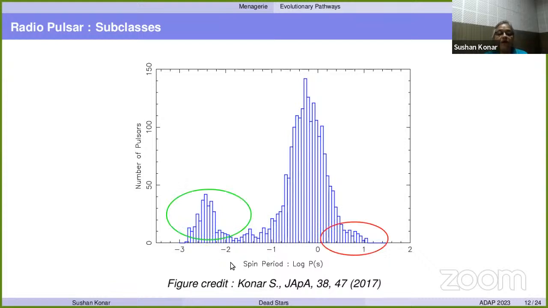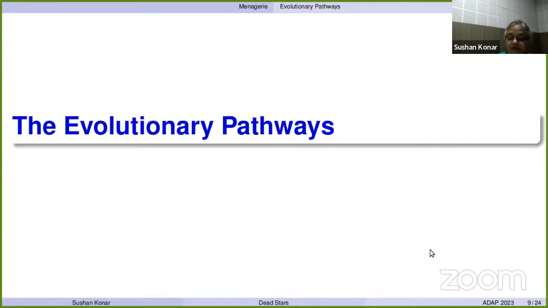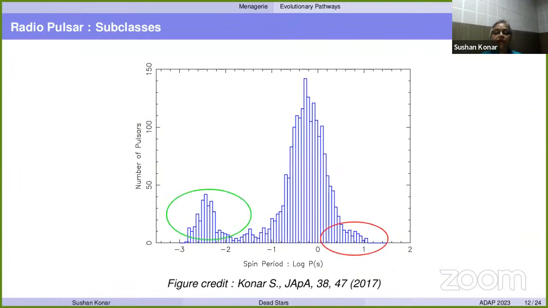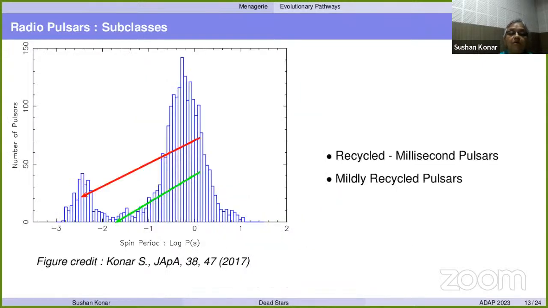Now, there is a small thing there, which is not the magnetars. Magnetars have not been plotted in this picture. These are the newly discovered long period pulsars. So they are showing up as perhaps a different population, but these are the very, very long period pulsars, and these are our millisecond pulsars.